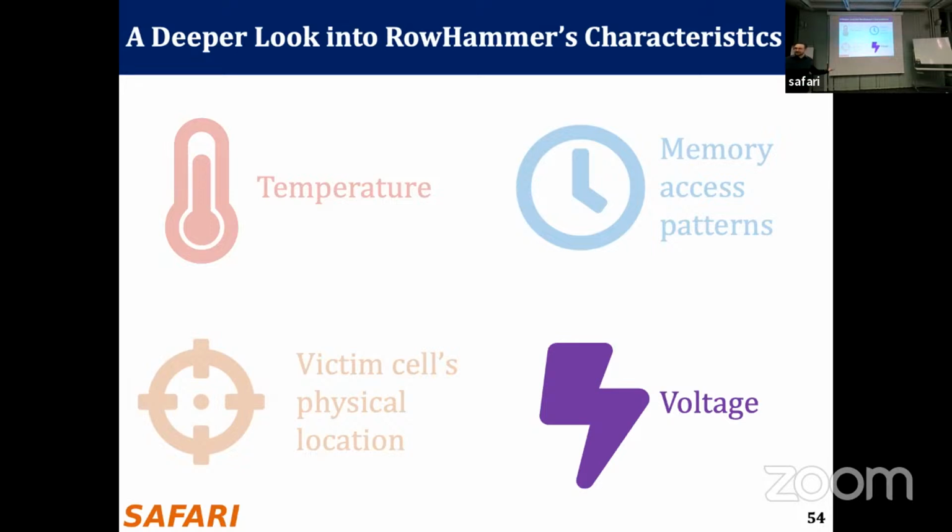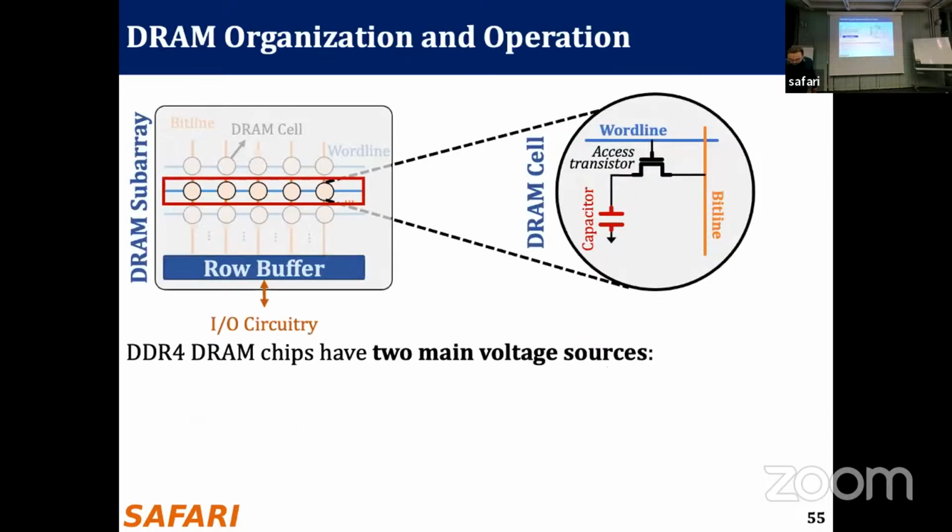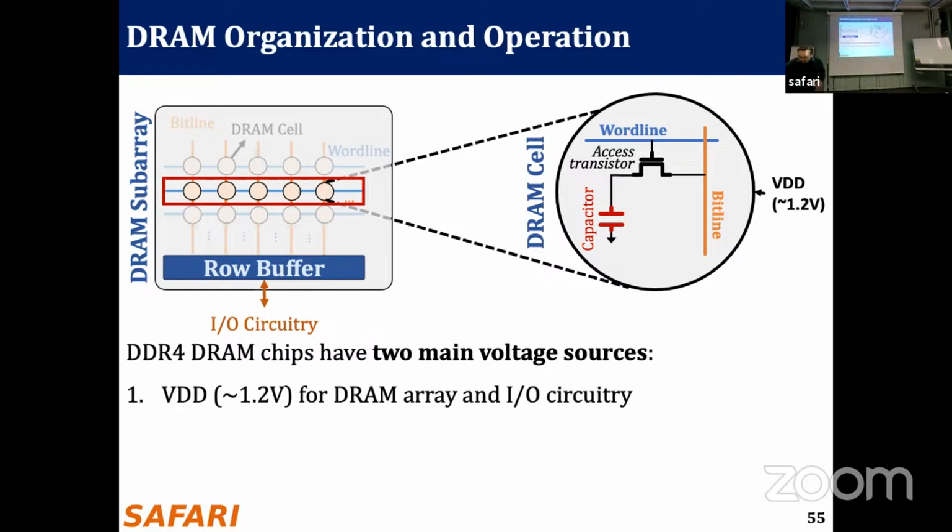So the next thing is the voltage sensitivity of RowHammer. Here's a little more background. In the DDR4 DRAM chips that we test, we have two main voltage sources. One of them is called VDD. It's around 1.2 volts, and it supplies power to pretty much everywhere in the chip.